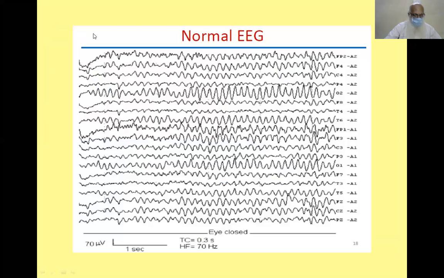If you look at the normal EEG recorded thus, using either a cathode ray oscilloscope or a paper writing method, if the eyes are closed, you will find the waves are usually bigger, depending upon the type of montage that is used, and depending upon the location of the electrodes as well.